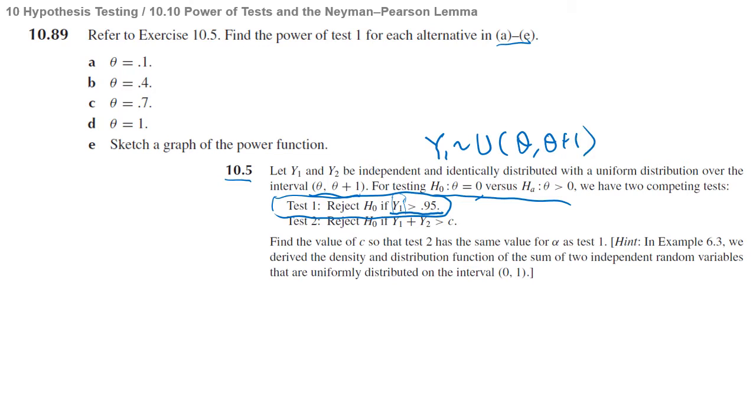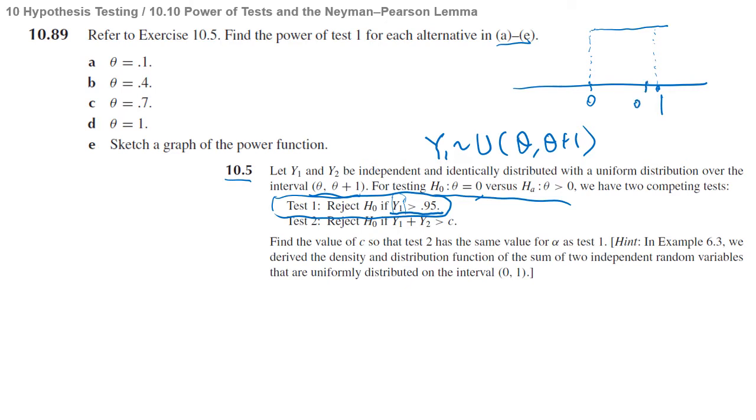Under the null, if theta is 0, the distribution of y1 is a uniform distribution. So here is 1, and the rejection region is y1 greater than 0.95.